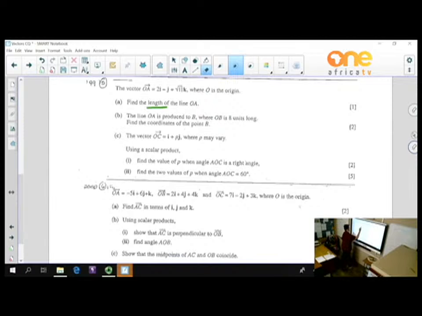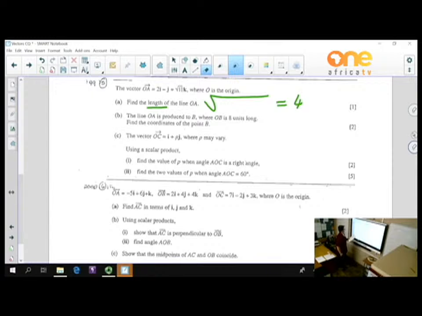Find the length. What is the length of a vector? This is Pythagoras. So I just need to calculate that one with Pythagoras, and your answer is 4. Then the line OA is produced, that means you draw it longer, where OB is 8 units long. Find the coordinates of the point B.